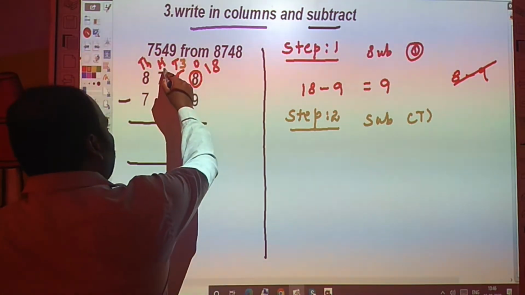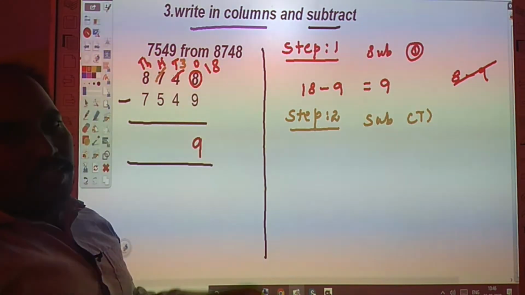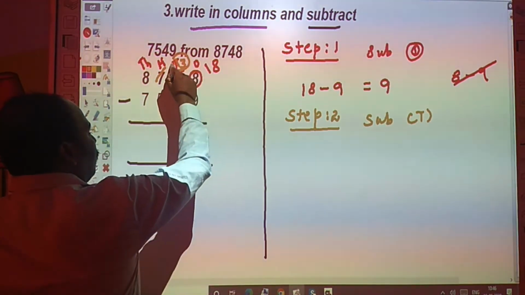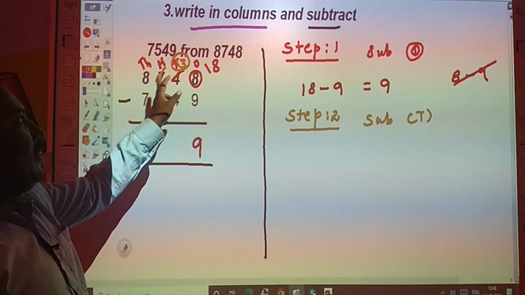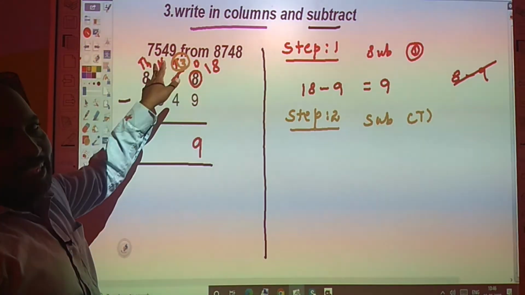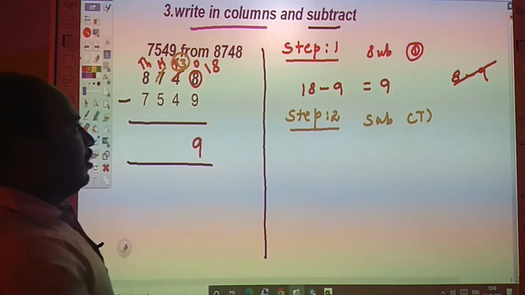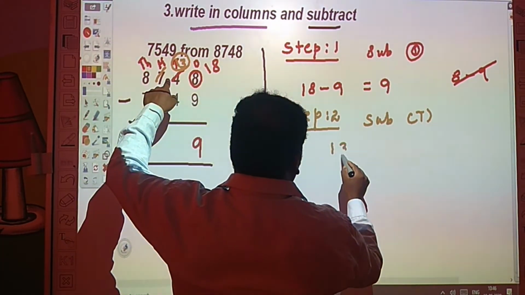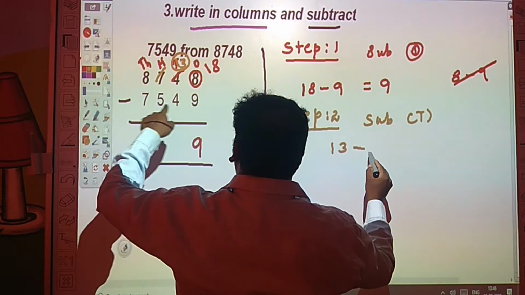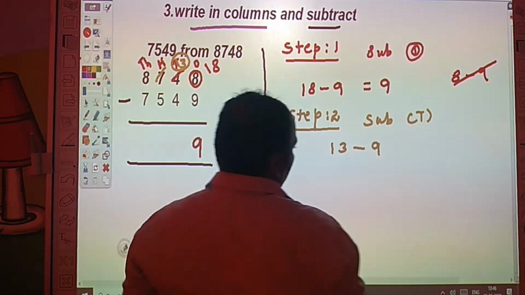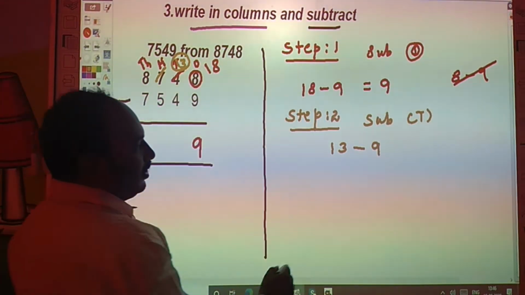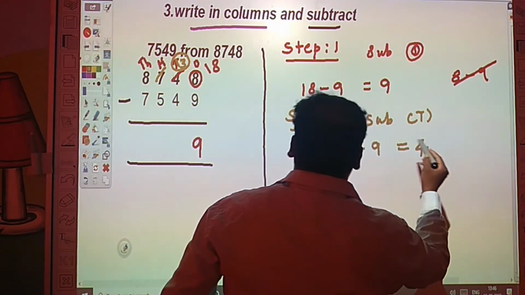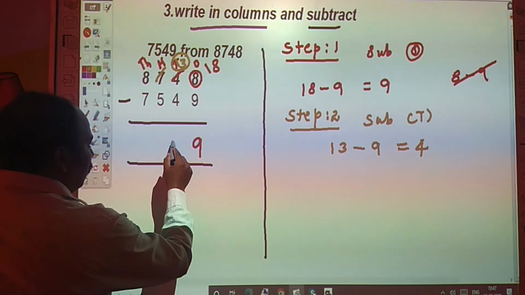So you want to borrow 1 from the hundreds place. So 13. 13 minus 9... 13 minus 9 is equal to 4.